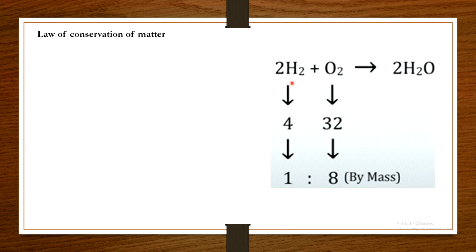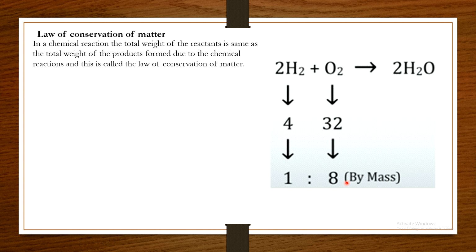Now the weight of the reactants: suppose there are 4 hydrogen atoms, and the weight of a hydrogen atom is 1 gram, so it becomes 4, and the atomic mass of oxygen is 16, so 16 into 2 is 32. So these are in the proportion 4 to 32, that means 1 to 8 by mass. Okay, so this proportion is also very important.